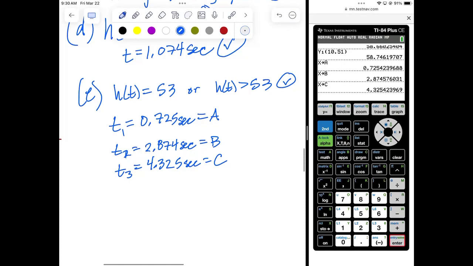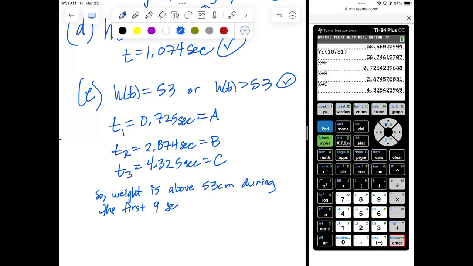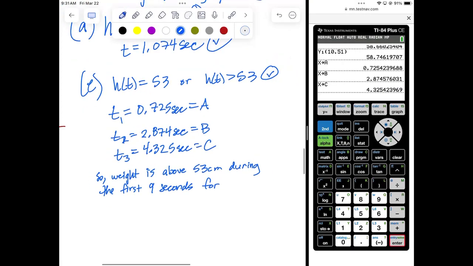So here's the work that leads to the answer. So the weight is above 53 centimeters during the first 9 seconds. And then we show the work that leads to our answer.